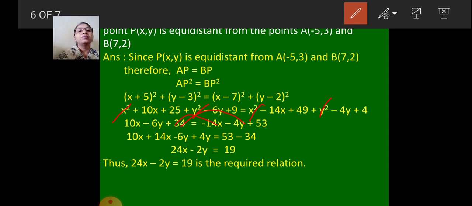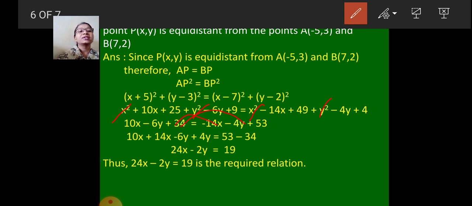So you add like terms: 10x plus 14x is 24x, minus 6y plus 4y is minus 2y, is equal to 53 minus 34 is 19.